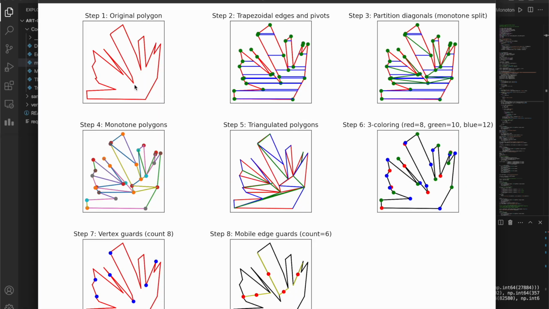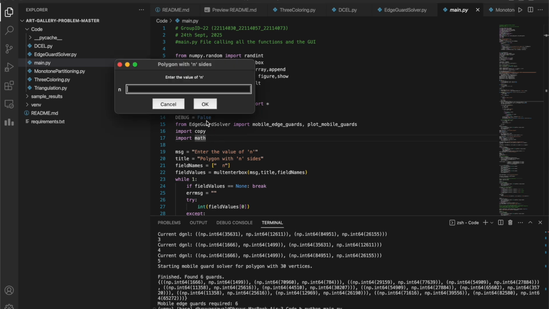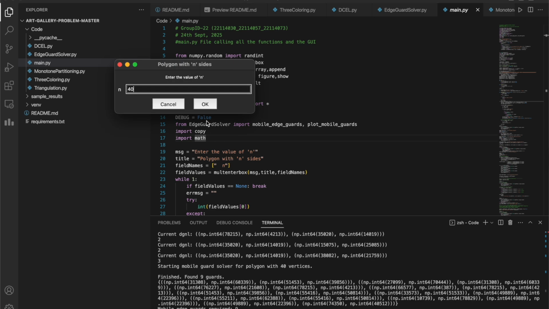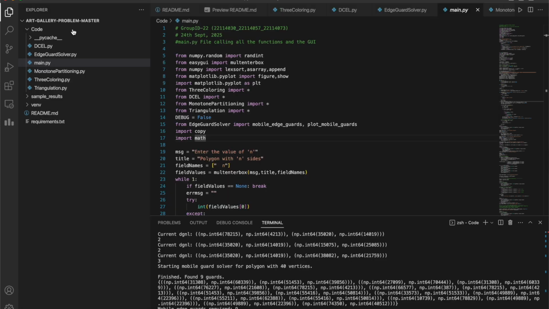We get an even more complex arrangement, but still our algorithm works correctly and we are able to get the output. And at last, let's have an illustration for n equal to 40. Although we cannot see each and everything explicitly, we can see that the algorithm is working perfectly fine and we are getting our output as expected.